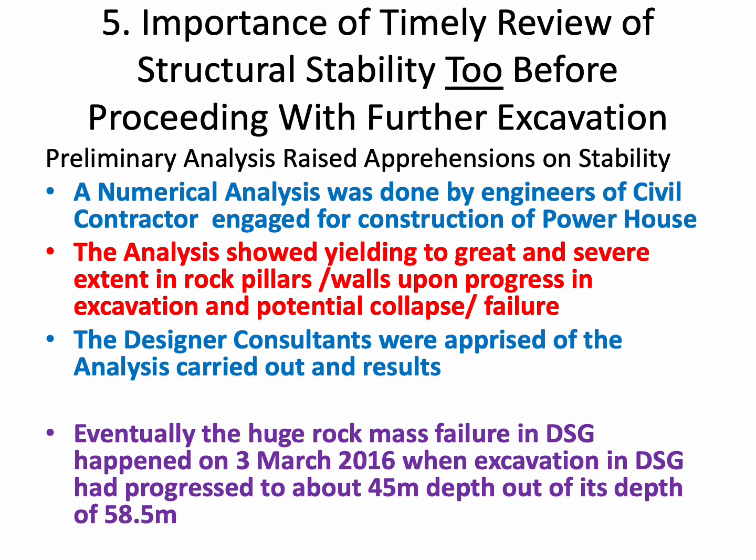So the civil engineers of the contractor had come out with a numerical analysis which was presented to the design consultants, that is CWC, Central Water Commission. That analysis at that time had shown that if the excavation is progressed to its 2/3 height or even beyond that to its full height, there will be huge yielding happening to a great and severe extent in rock pillars and walls upon progress in excavation, and a potential collapse or oblique failure would be imminent.